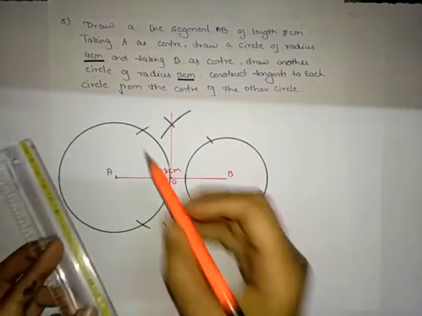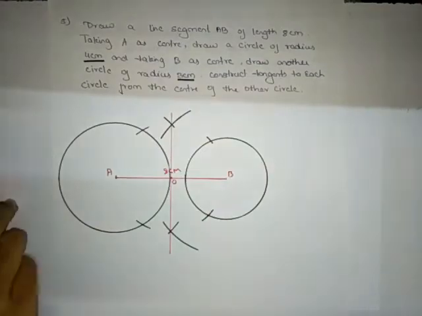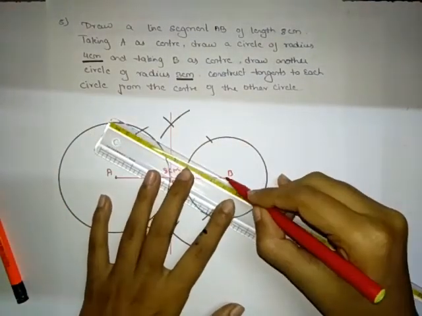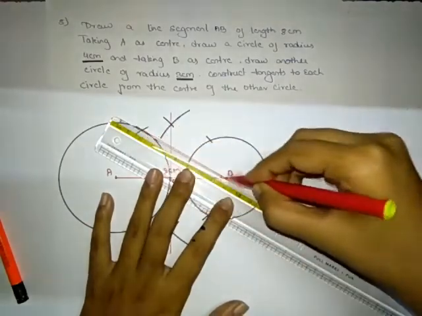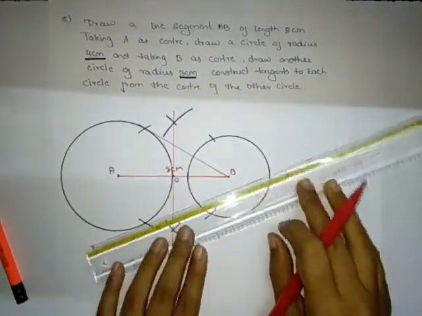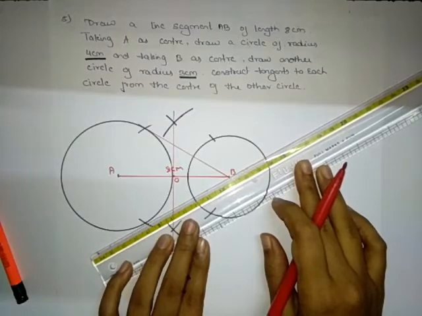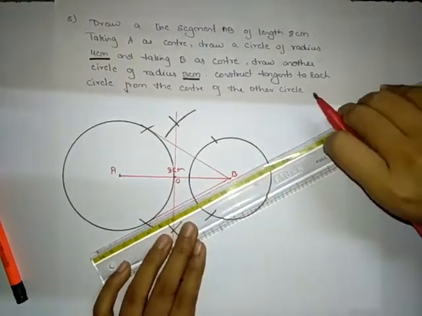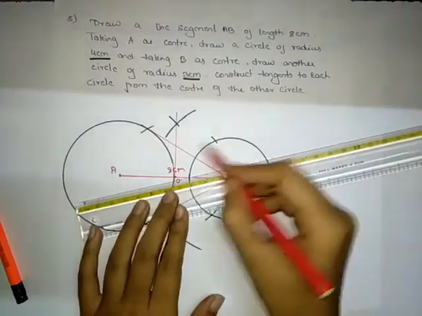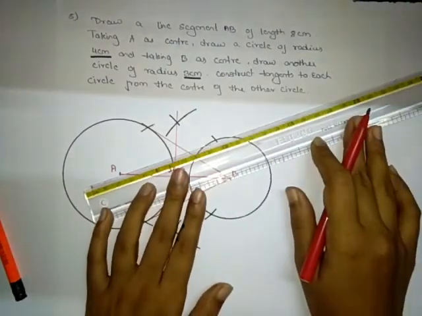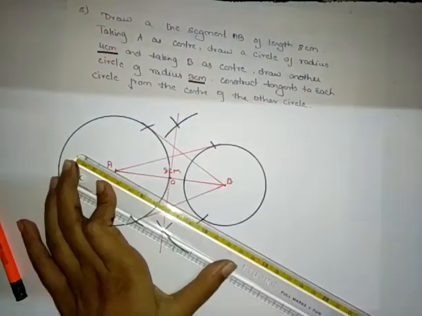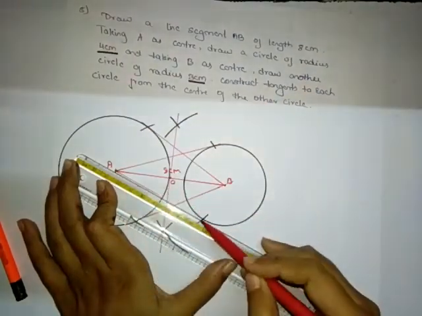Next we'll join this point to point B. And similarly this point to this point, point B to this point here, and again this point to point A. We'll join now these 2 points.